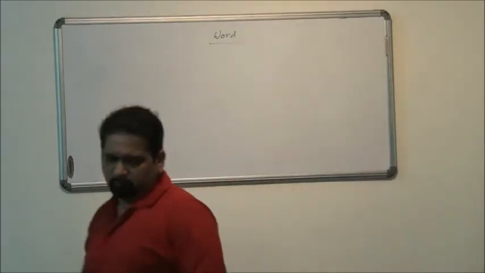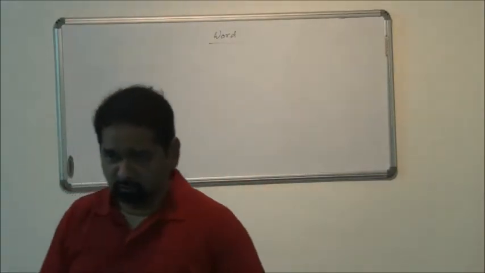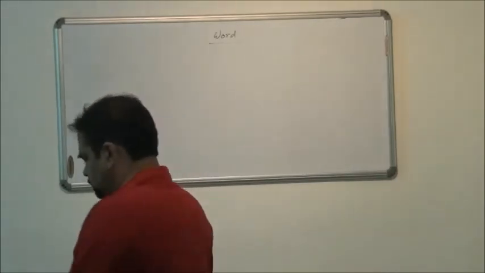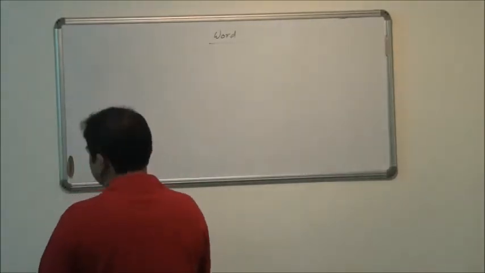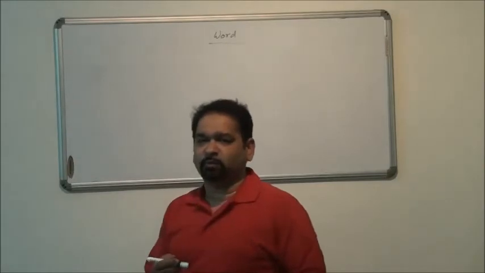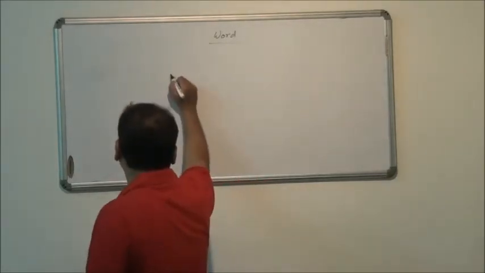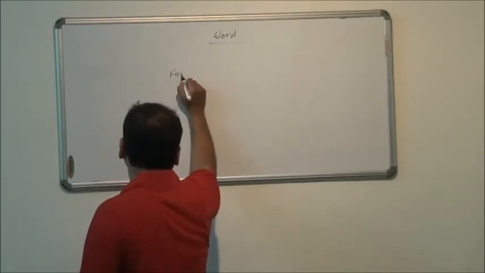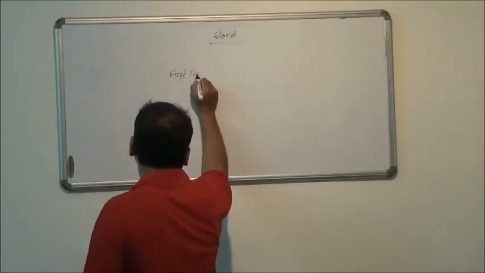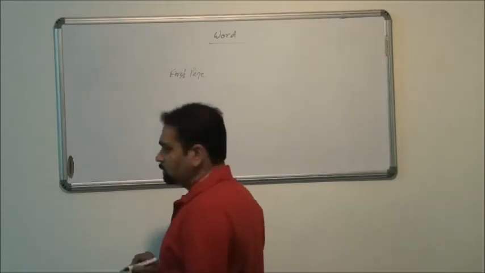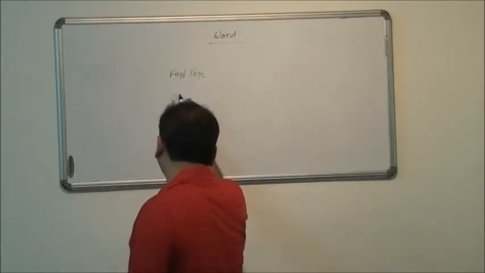Now, we'll talk about headers and footers. Alright? So, there are 3 types of pages when you are using section breaks. Correct? What are those 3 types of pages? Number 1, you have got the first page of the section. Correct? Then you have got an odd page of the section.